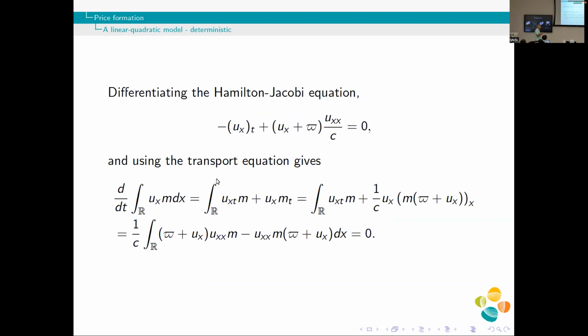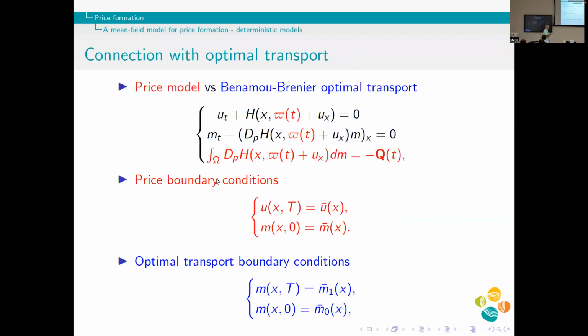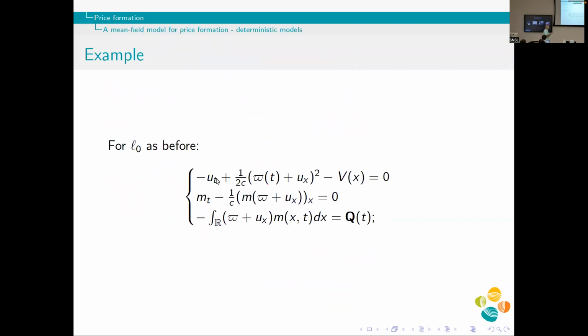The next thing that you start looking at is this. Let's look at this Hamilton-Jacobi equation. Let's differentiate it. And let's look at this quantity here, d/dt of u_x m. Why would I look at this quantity to start with? Because I have a balance condition that involves u_x m, right?